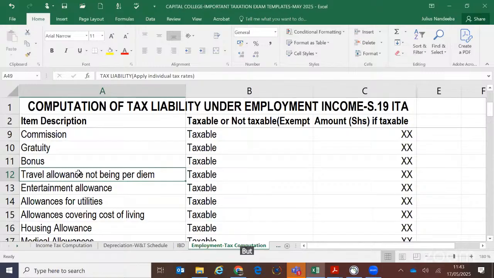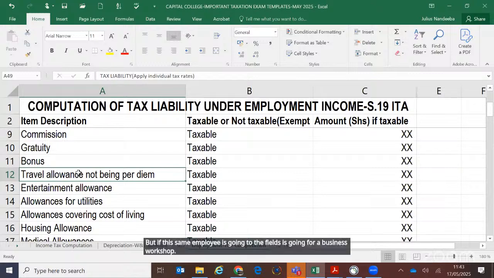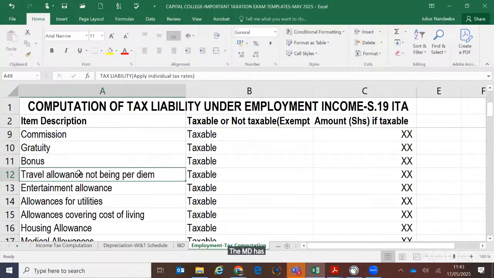But if this same employee is going to the field, is going for a business workshop, the MD has gone to maybe Dubai for a business workshop, that travel allowance is not his benefit because he's working for the entity, he's working for the company. If you went to the field, definitely you're expected to be facilitated. So that travel allowance they give you is not taxable on you. But if they give you any other travel for your personal affairs, then that is what we are talking about.